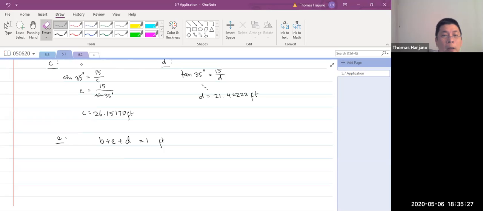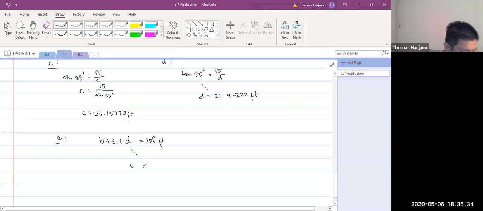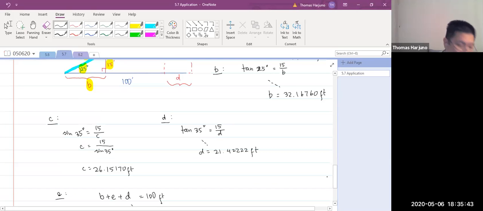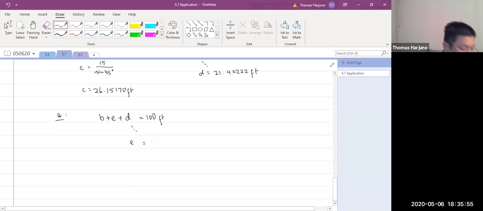My bad. 100 here. So then from there we'll get the E, right? So 100 minus that 21.42222 minus my B, that's 32.16760. Then I get E equals 46.41018.